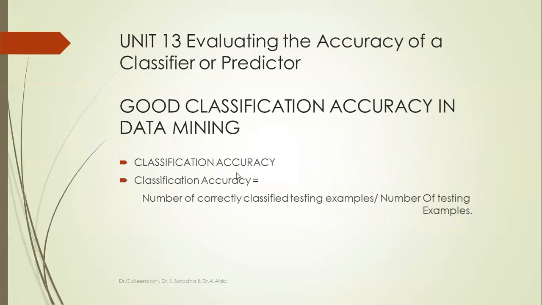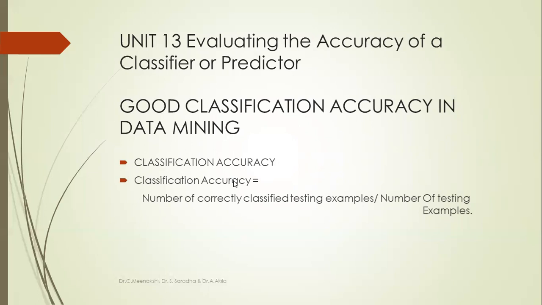We are going to see the next topic, called accuracy. How do I find the classification accuracy? The formula is the number of correctly classified test examples divided by the number of testing examples. Say, for example, I told you at the start of the presentation, I have a bucket full of balls of different colors.